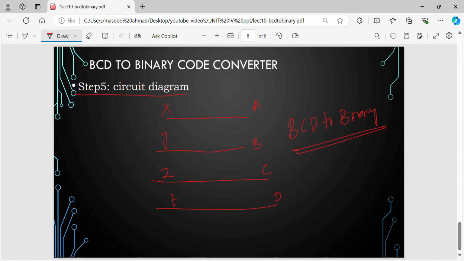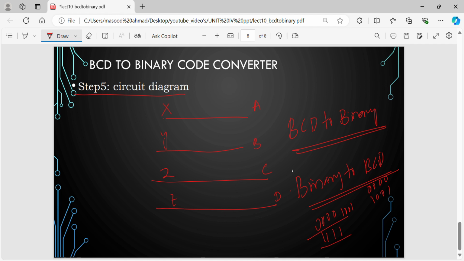But when you go for binary to BCD, this is not the case. Why? In binary we can go from four zeros to four ones. From 0000 to 1001, BCD and binary are the same.